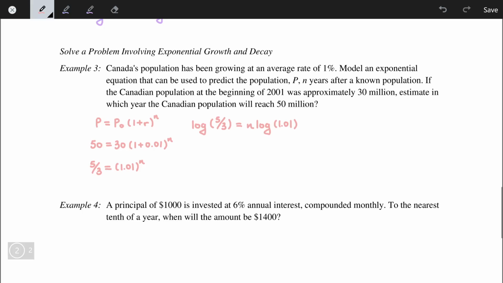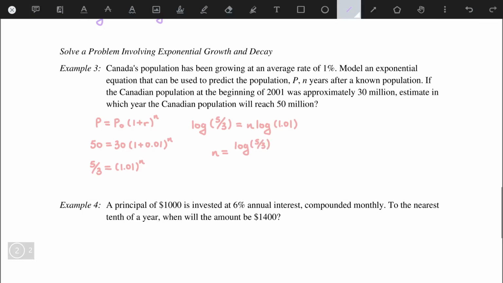So now we can divide both sides by log 1.01, so n is going to be equal to log 5 over 3. I guess it's not quite a coefficient because it is a variable, but it will be in front of the logarithm.